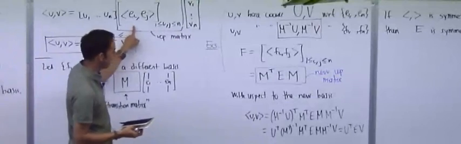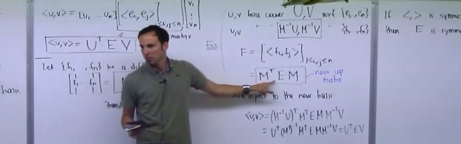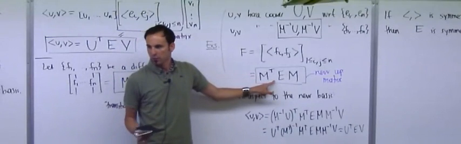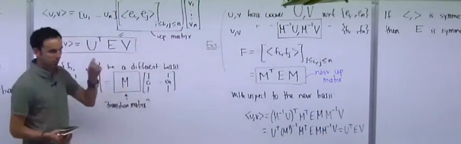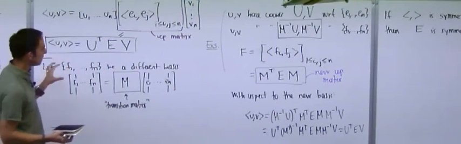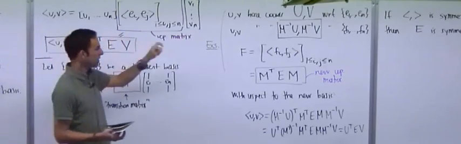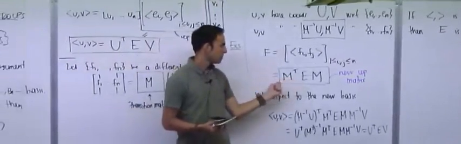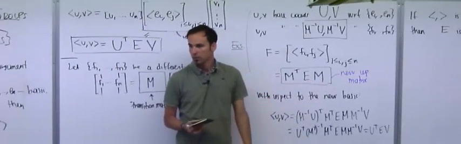And if I manage to find a good matrix M so that this new representing matrix is much nicer, then I'm going to feel like I understand this form better because this matrix is simpler than this one. And so the question is, if I give you some matrix E, can you get it into some nice form by multiplying it on the left by M transpose and on the right by M?